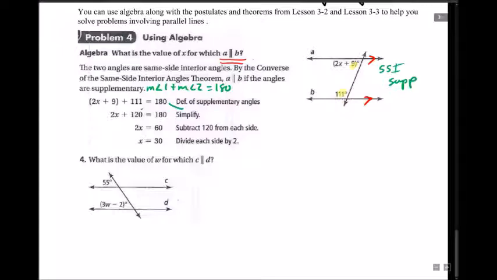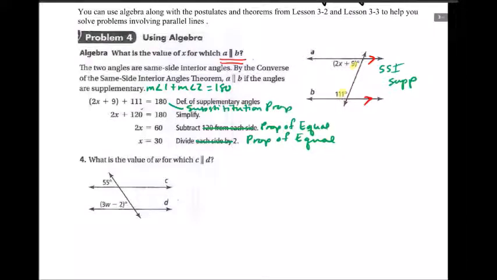And then this here would be our substitution property. And then simplifying, subtraction property of equality, and division property of equality. And that's how we do that.